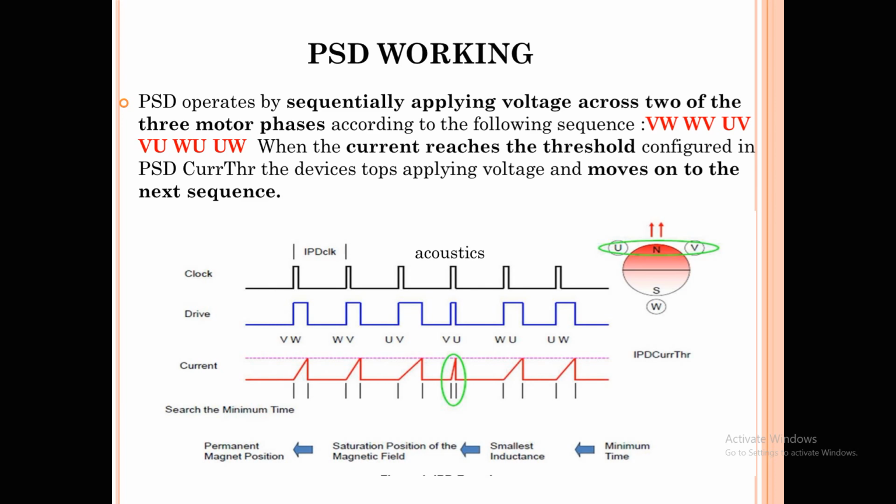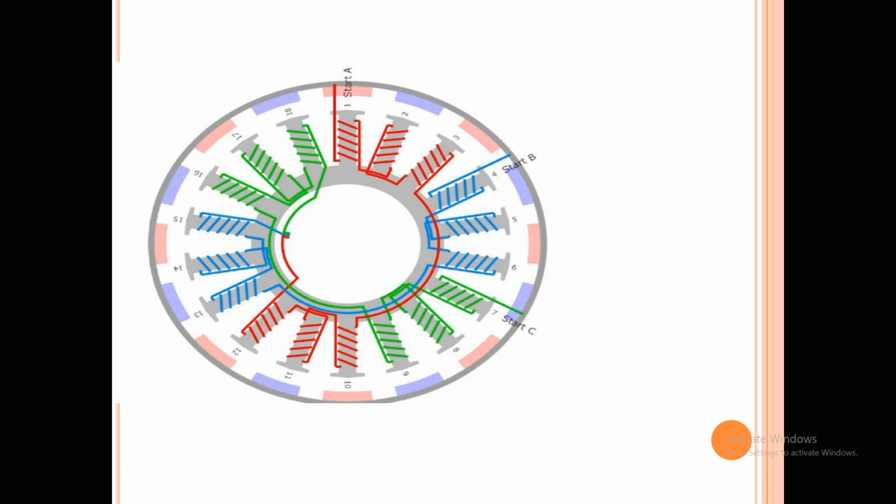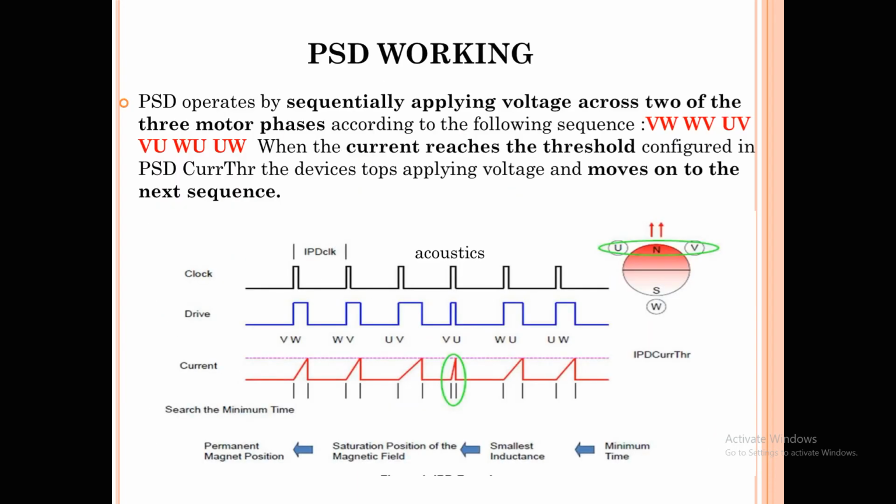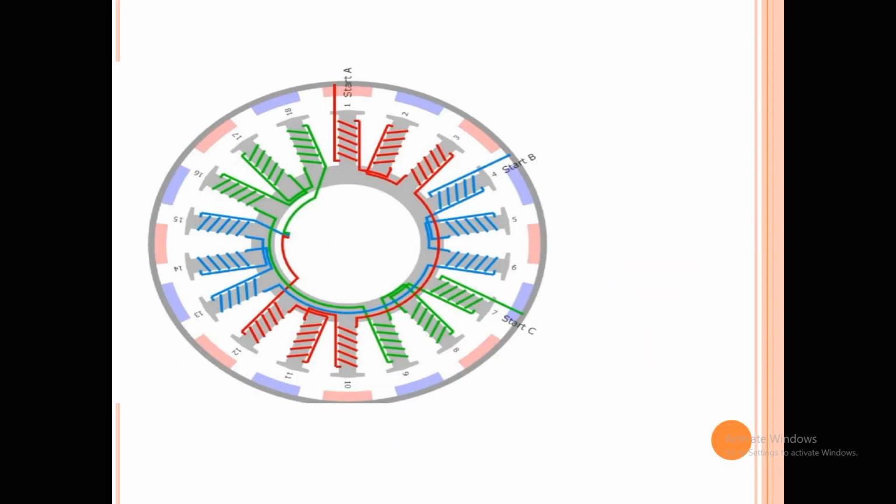Let's assume this one, A, is considered U, then V and W. So for V and U, this is U and this is V, and the winding is connected in such a way. In the same way, B is also connected in such a way.